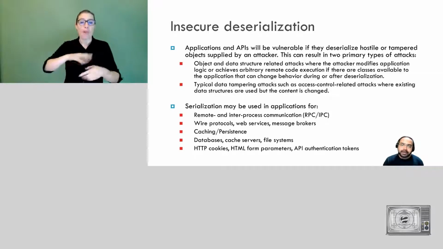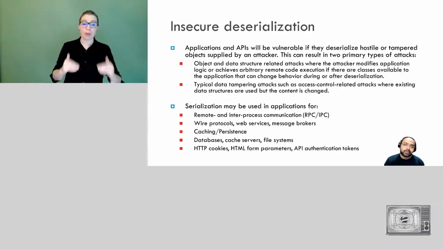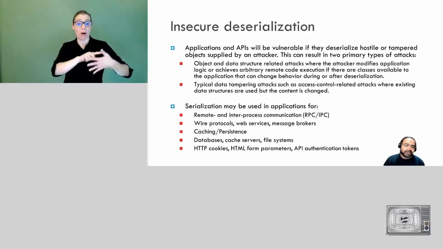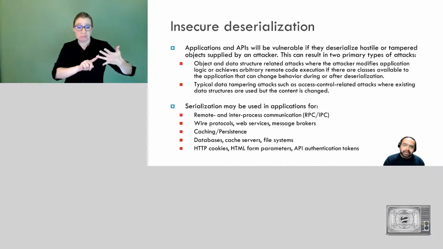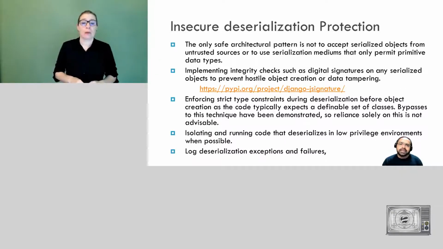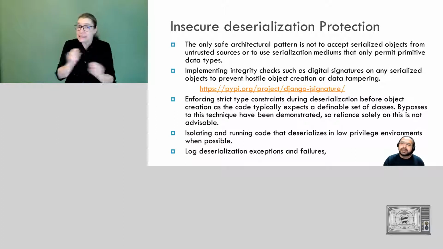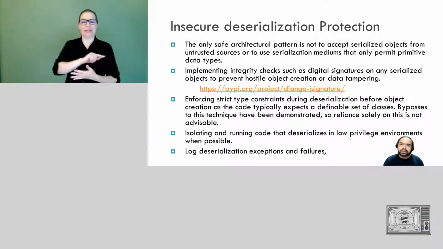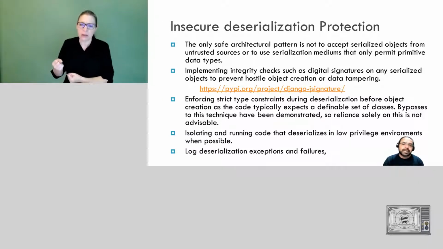Now, serialization may be used in applications for remote or interprocess communication, wired protocols, web services, message brokers, HTTP cookies, API authentication tokens, and so on. The only safe architectural pattern is not to accept serialized objects from untrusted sources, or to use serialization mediums that only permit primitive data types.